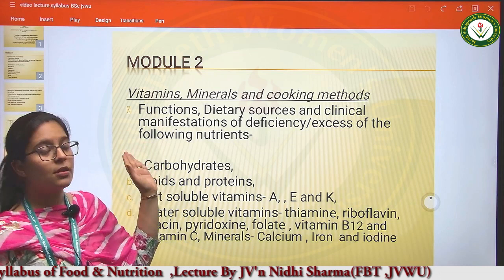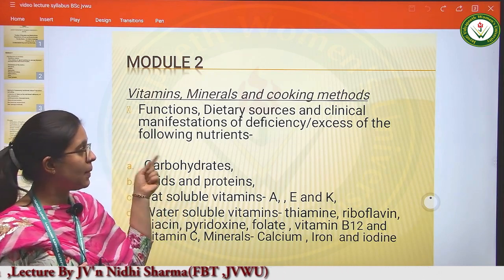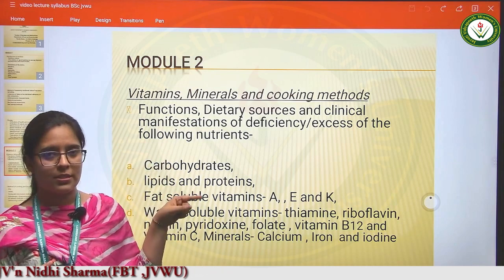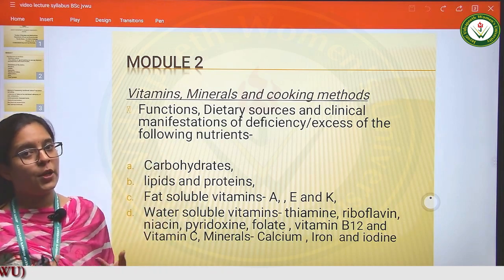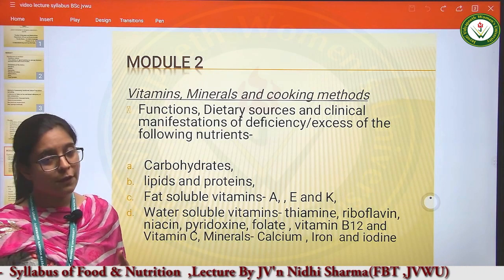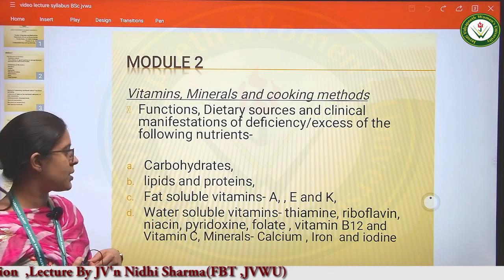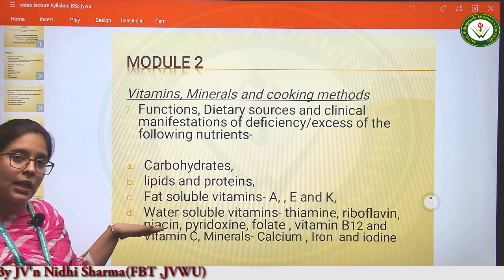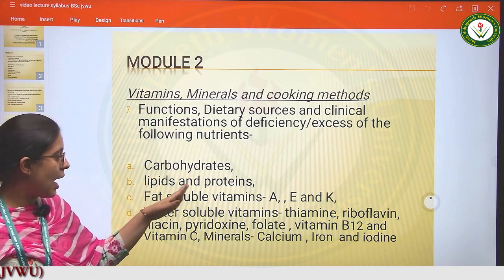So we will study the functions, the sources from which we can get that nutrient, and the clinical manifestations of deficiency, like what are the symptoms which a person will show if a particular vitamin or mineral is deficient in the body, or in excess of that particular nutrient. The nutrients we will study in the unit are carbohydrates, lipids, that is the fats, and proteins.